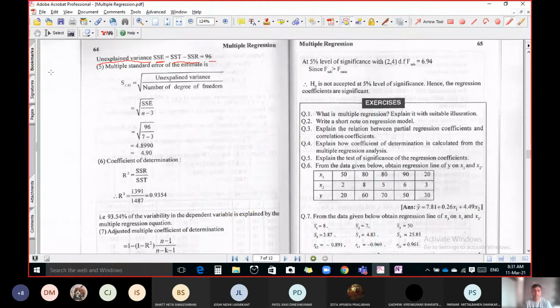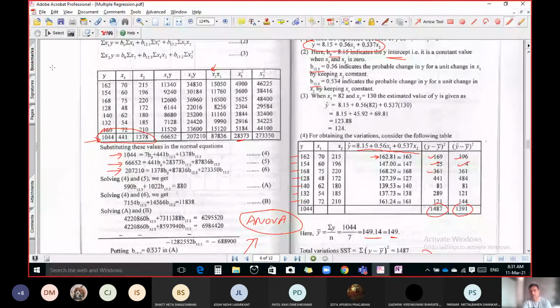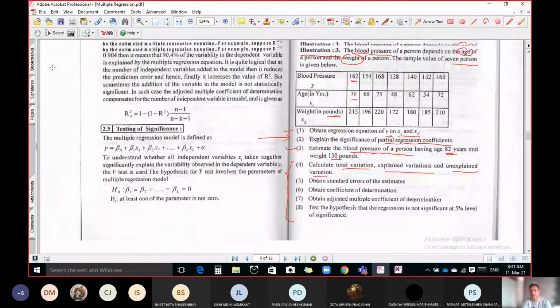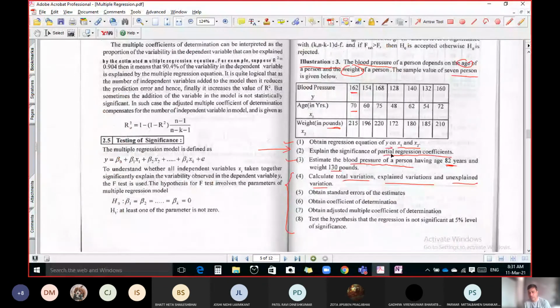We get 96. So that is the way to calculate explain variation, unexplained variation, and total variation. So total variation is sigma y minus y bar the whole square, explain variation is sigma y cap minus y bar the whole square, and the difference of those two is the unexplained variation.